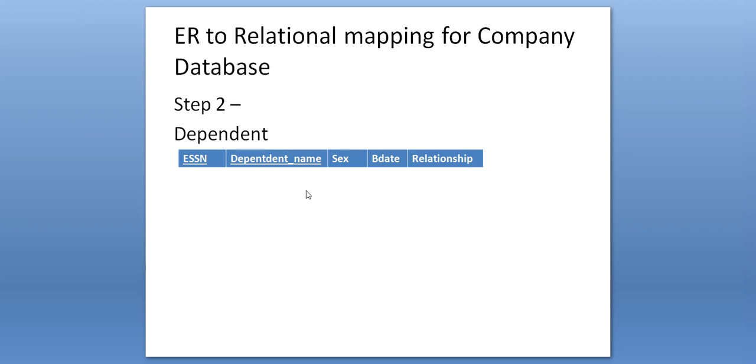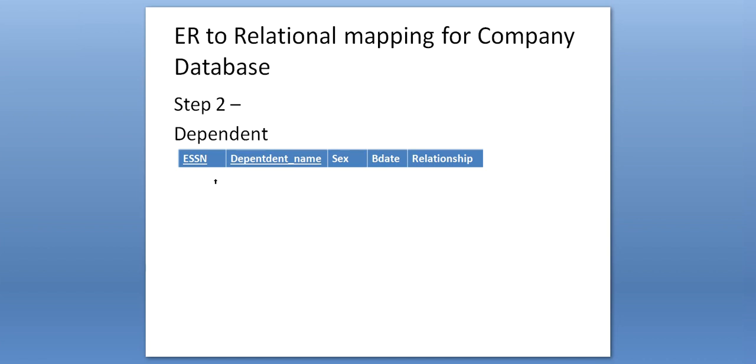Okay, and another thing, as I have already mentioned, we have to have a foreign key which is referring to the relation representing the owner entity type. In the ER diagram, there is going to be an owner entity type, isn't it?